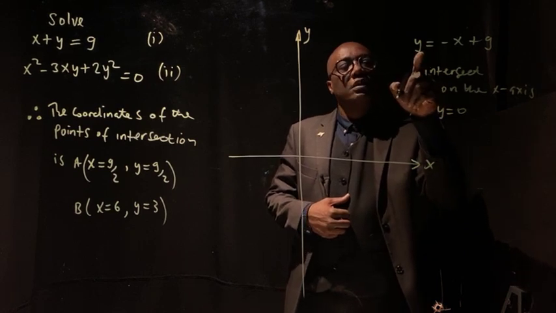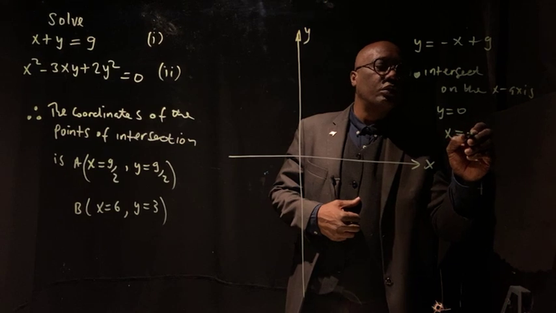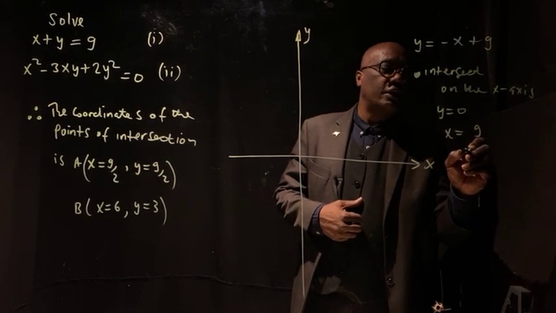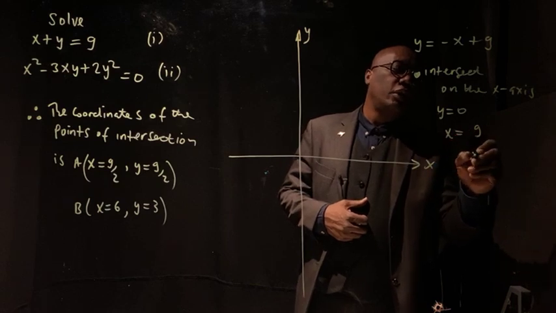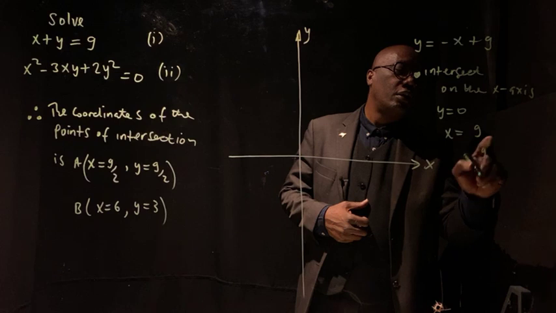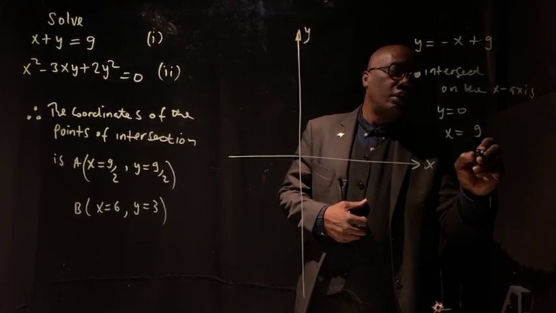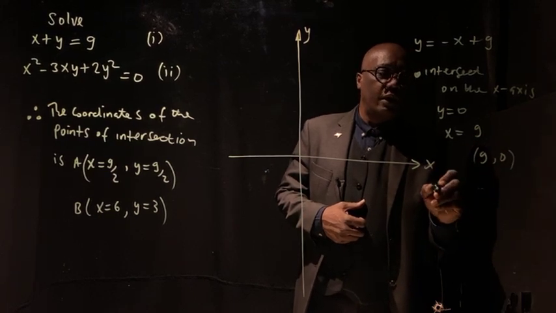When y is 0 in this equation, then x equals 9, which implies this intersection occurs where x equals 9. In some cases, we write it this way, 9, 0.